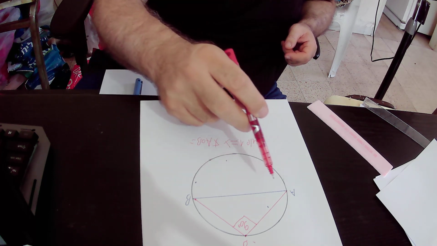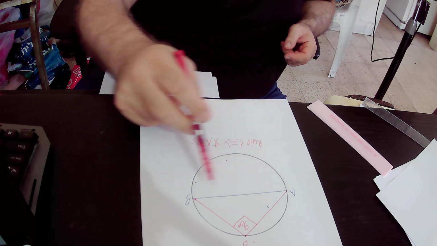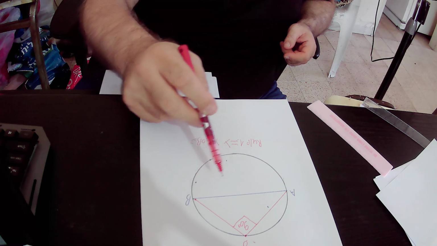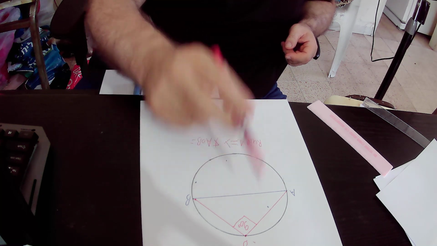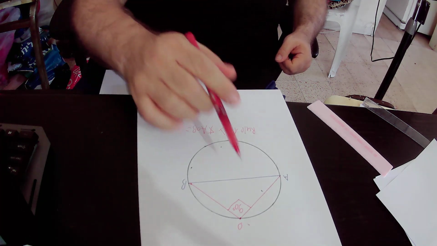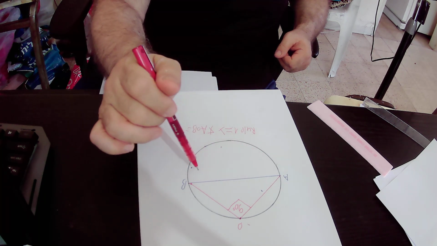Because angle AOB rests on the diameter of this circle, that is to say it rests on chord AB, according to rule number 1, angle AOB equals to 90 degrees. Okay? Angle AOB equals to 90 degrees because it rests on the diameter of this circle.